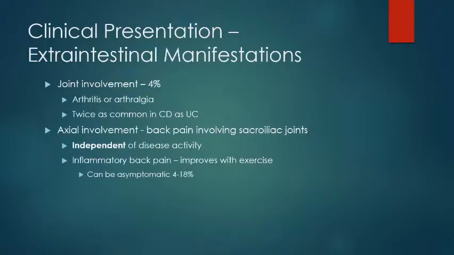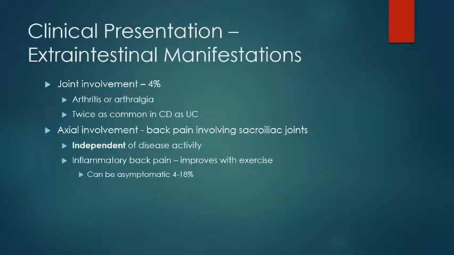And then we'll talk about joint involvement, and I'll just be brief in the interest of time. So when we think about axial involvement in back pain, sacroiliac pain, it's inflammatory. It gets better with exercise. It's worse in the morning or with rest for more than 30 minutes to an hour.